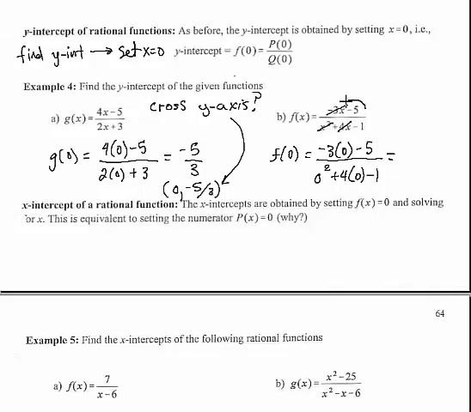So we're just going to get the constants left over and divide the two, which is a negative 5 over a negative 1, or in simplest terms, positive 5. So the coordinates for this y-intercept would be 0, 5.